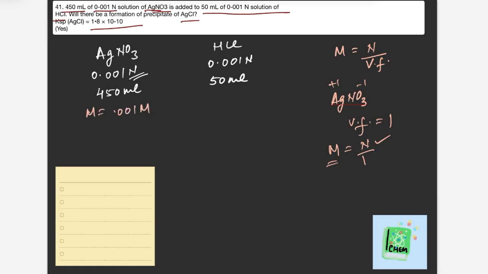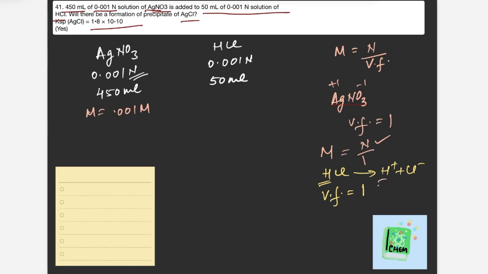Similarly, consider HCl. HCl is an acid. So in case of HCl, what will be the valency factor? It is the number of H plus ions which it gives in aqueous solution. Valency factor of an acid is equal to the number of H plus ions given by the acid in aqueous solution. How many H plus ions are given by HCl?